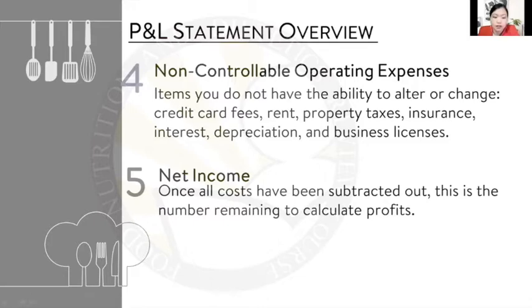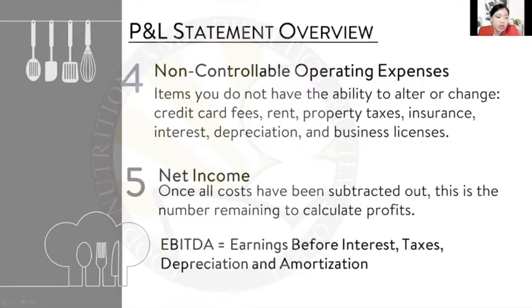The net income, once all the costs have been subtracted out, is the number remaining to calculate profits. So you will also hear the term EBITDA, which is defined as the earnings before interest, taxes, depreciation, and amortization.